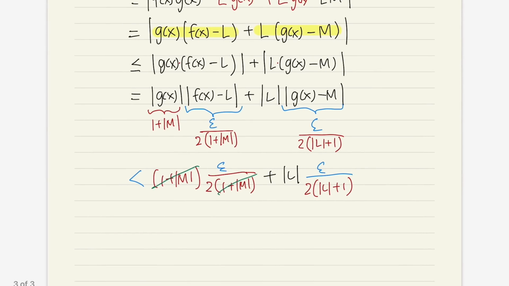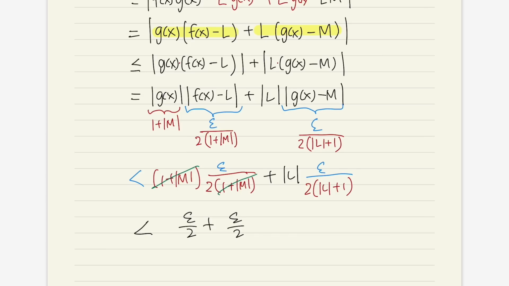And perhaps let me just write that down right here. We have epsilon over 2. Very nice. Plus, and what can we do right here? In fact, we can say this part is less than epsilon over 2 as well. And why is that? Well, again, let's just look.